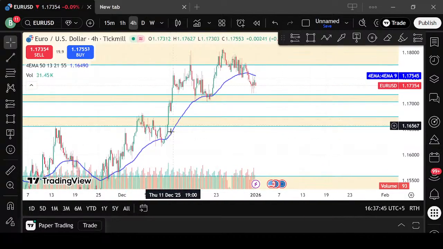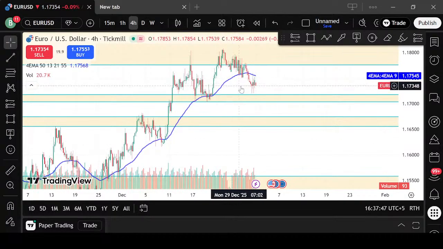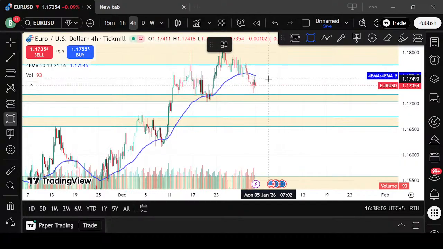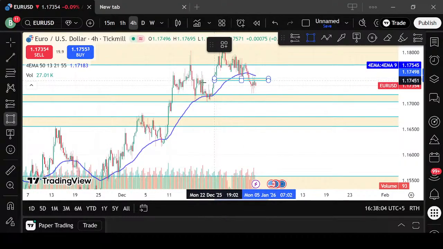Now we can see that on the 4 hour time frame, it is going towards our spot. So I think we should mark one more resistance here on the 4 hour time frame. This should be our resistance. Why?